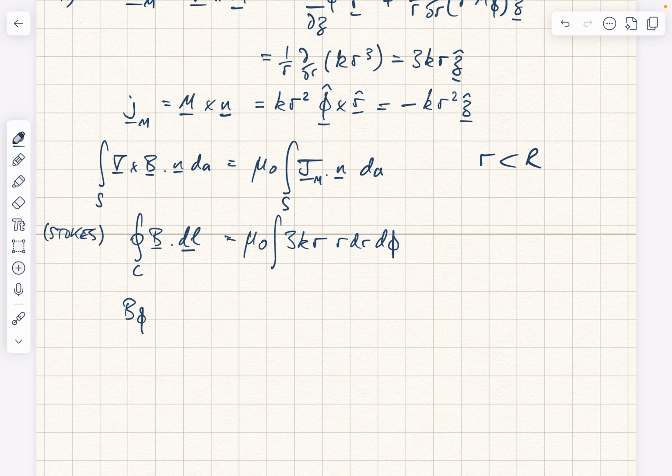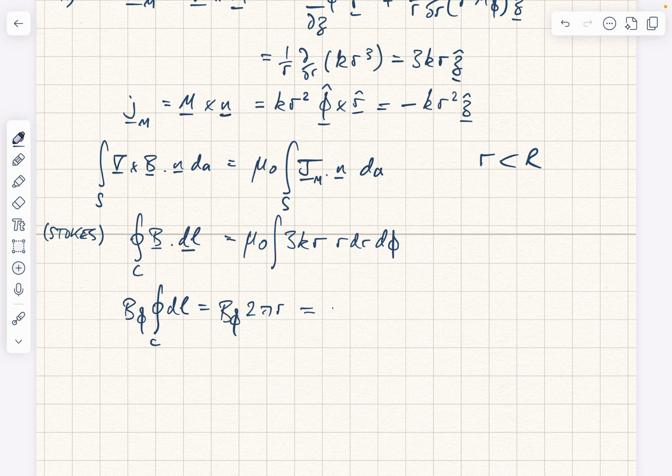In fact, let me just write that in. Closed loop integral of b dl is going to equal b phi times 2 pi r, and of course we've got rid of the vector symbol on the dl there because we've done the dot product with b.